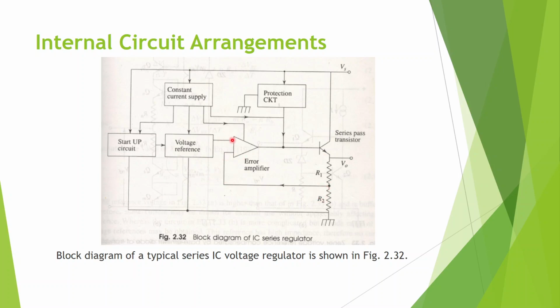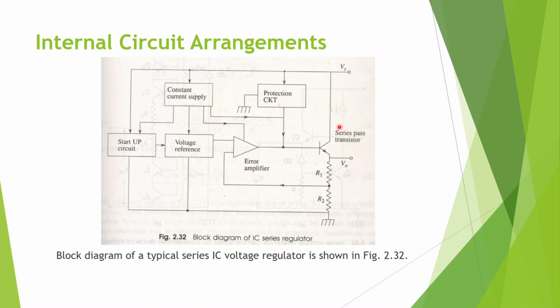The difference between the reference voltage and the feedback will be a greater value, due to which more input will be given to the base of the transistor, due to which it will allow a higher value of voltage to pass through, and thus the output voltage will increase. So in this way the output voltage is maintained at a constant value.